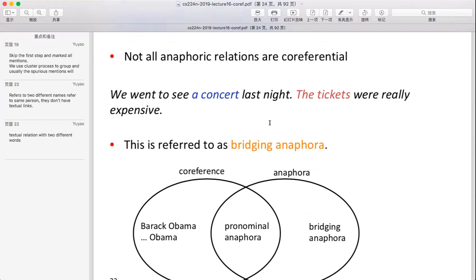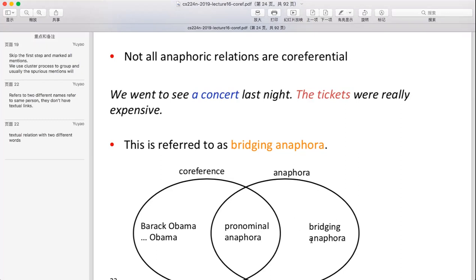But if you read this sentence, "We went to see our concert last night. The tickets were really expensive." The tickets and the concert have a link because the ticket is the concert ticket. So when we humans interpret this sentence, we know the tickets and the concert are linked together. So this belongs to the bridging anaphora.